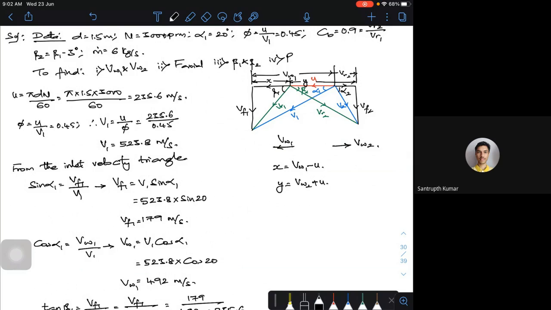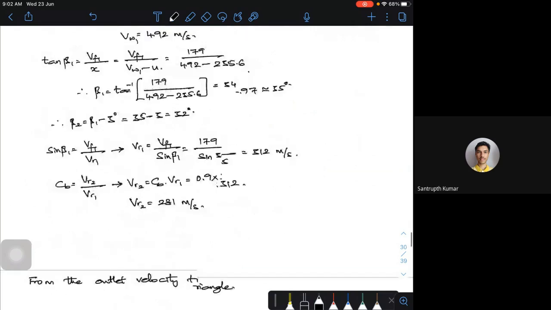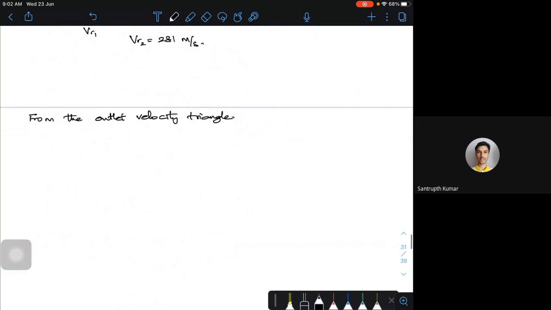Similarly, I need to find VF2. How to find VF2? Take sin beta 2. Sin beta 2 is equal to VF2 divided by your VR2, so VF2 will be equal to VR2 into sin beta 2. I can find VW2, I can find VF2. Is it fine? From the outlet velocity triangle, cos beta 2 is equal to y divided by VR2, that is VW2 plus u divided by VR2.